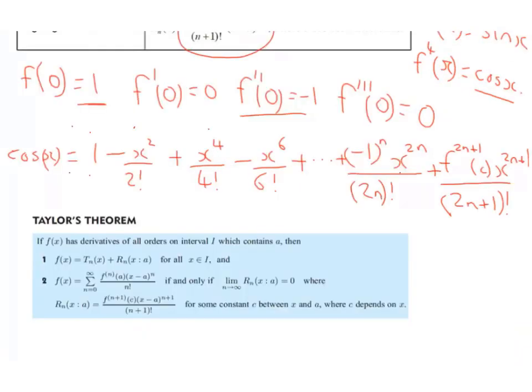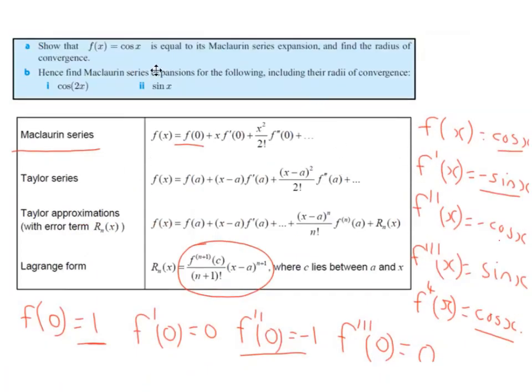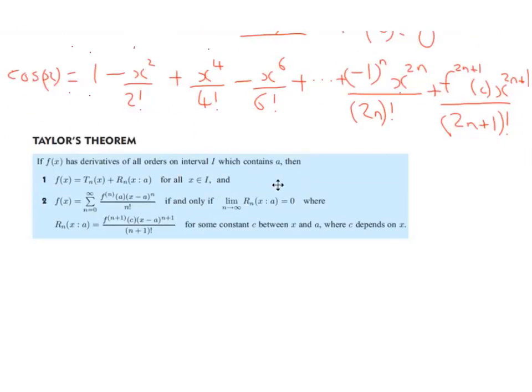So now the question is asking us to show that f of x equals cos x is equal to its own Maclaurin series expansion. Find the radius of convergence. We'll do the radius of convergence afterwards, but before that, to show that something is equal to its own Maclaurin series expansion, I'll draw your attention to this second point on Taylor's theorem. Remember the only difference between Taylor and Maclaurin is that the Maclaurin series is centered at x equals 0 and the Taylor series is not.